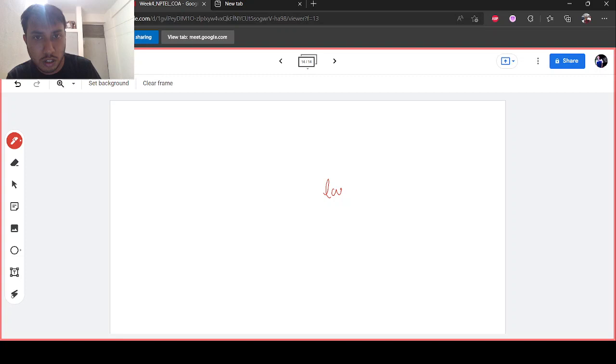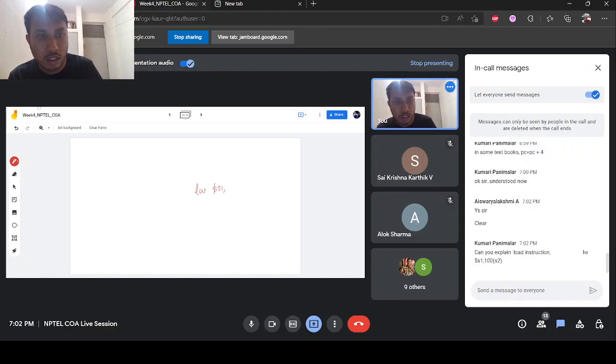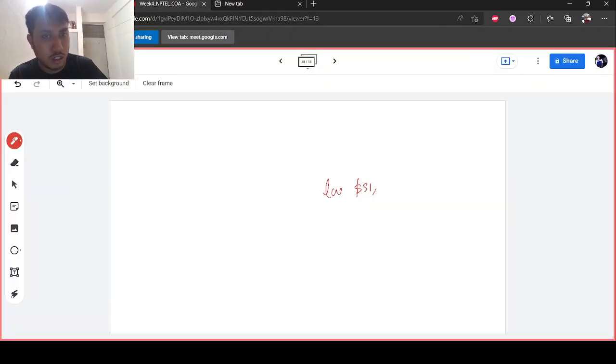LW dollar S1, 100 of S2. It means here we are loading a value from memory into register S1.